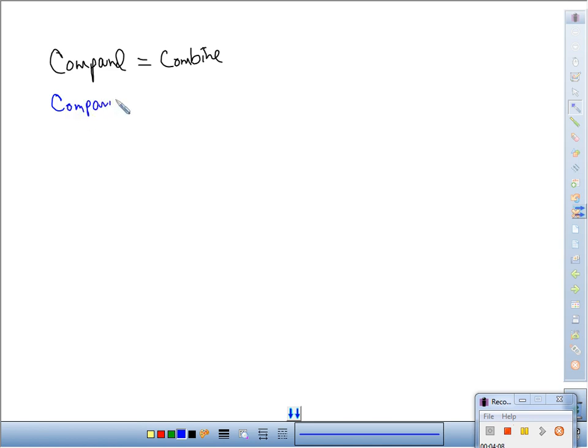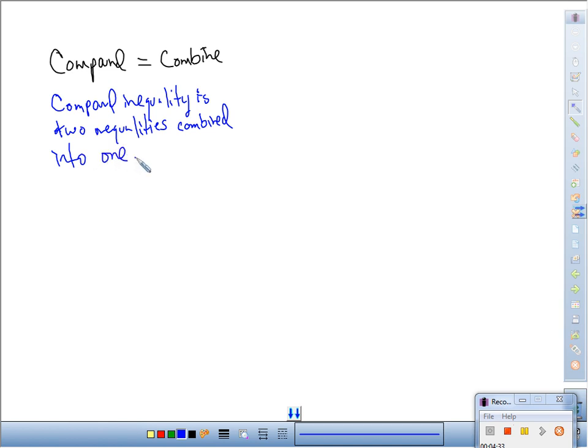A compound inequality is two inequalities combined into one. Compound inequality is two inequalities combined into one.